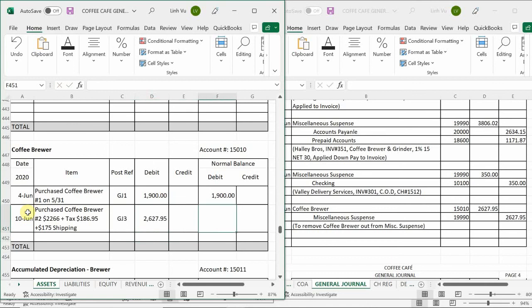Right? So how much together is your entire coffee brewer account? So we have coffee brewer number 1 and coffee brewer number 2.